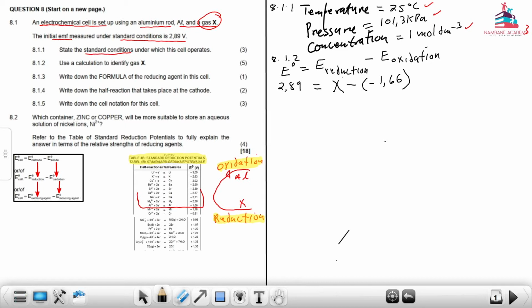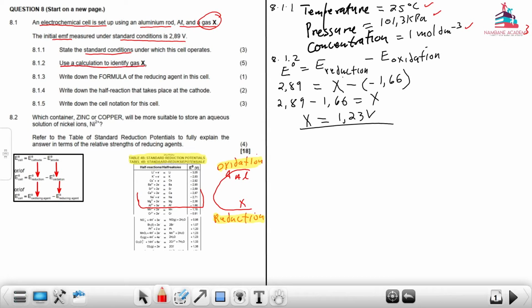Then I can do the mathematics: 2,89 minus 1,66 is equal to X, and then X is equal to plus 1,23 V. That is the final answer that I get, but did it assist me in answering the question? Let's go back to the question.